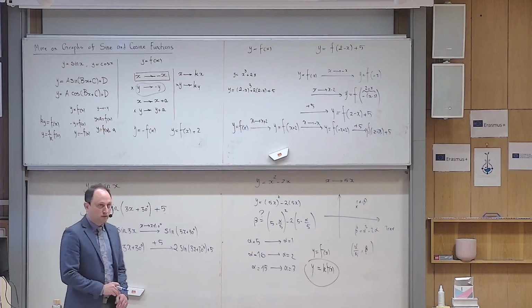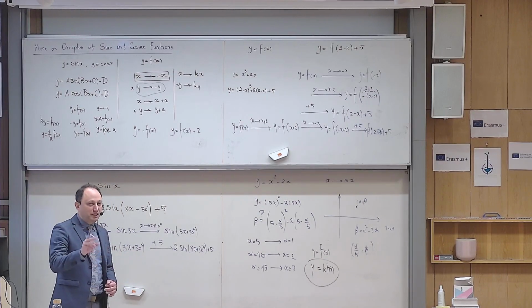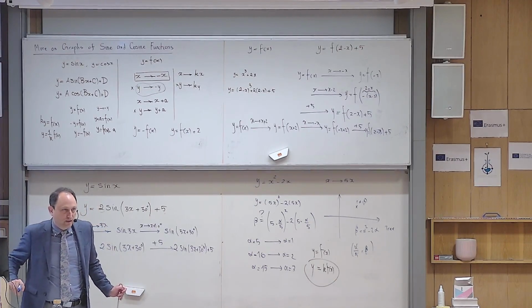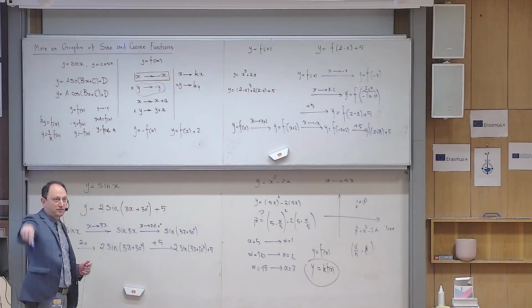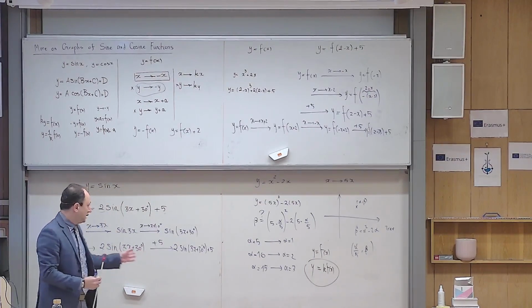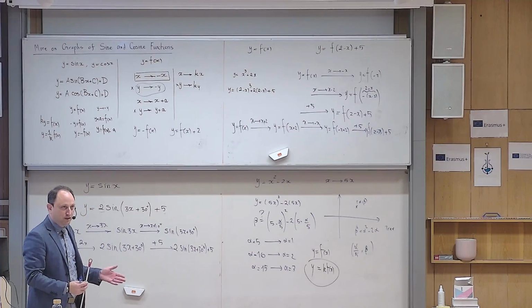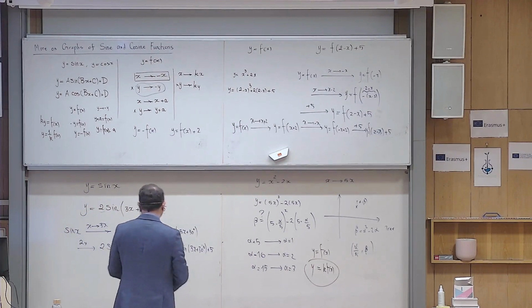So you see that by this transformation, I am not really affecting the main properties of my graph, yes? For example, if the original graph is oscillating up and down, do you agree with me? By none of these transformations am I affecting those properties. I'm shifting, stretching, so this will remain the same.